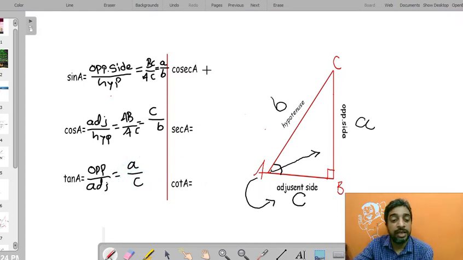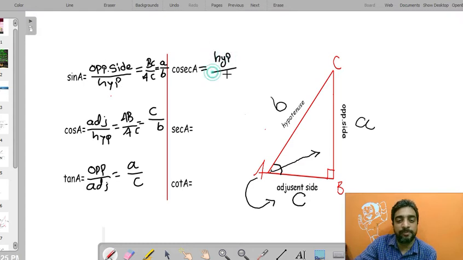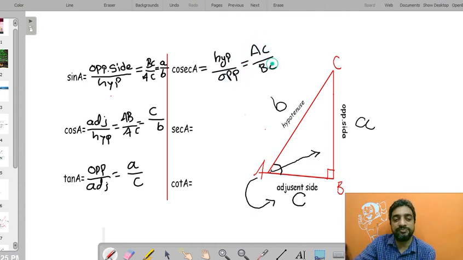Now coming to cosecant A. Just now I said cosecant is the reverse of sine, so hypotenuse by opposite, which is AC by BC, that is b by a. Every time we need not remember AC, BC.